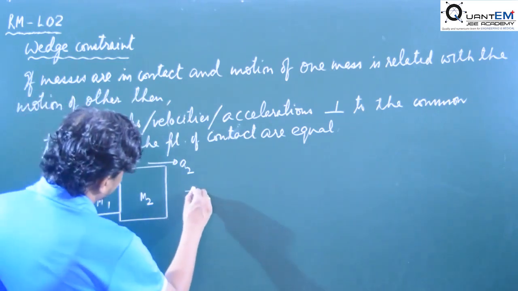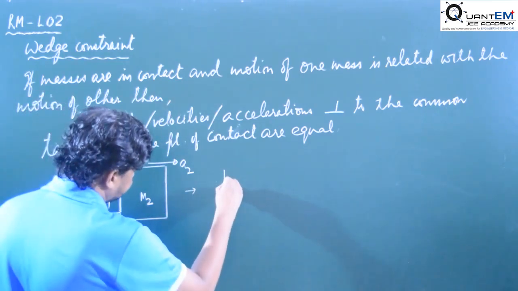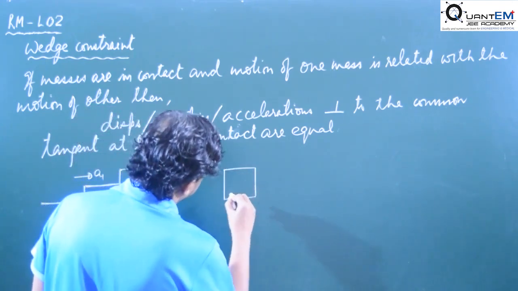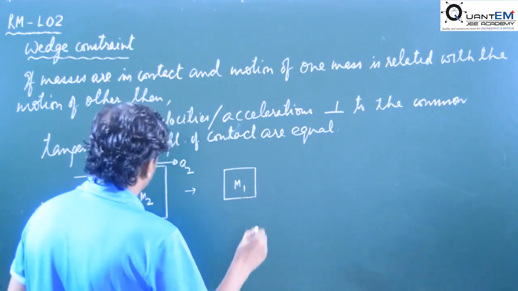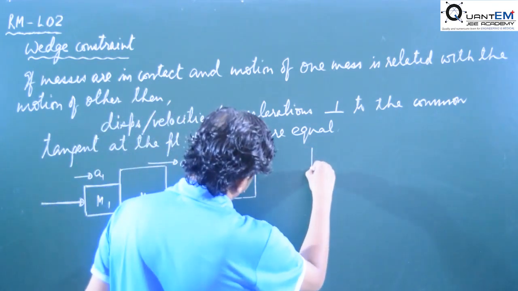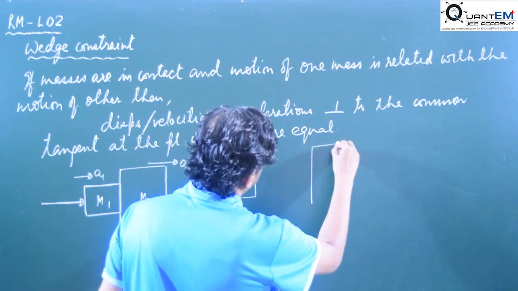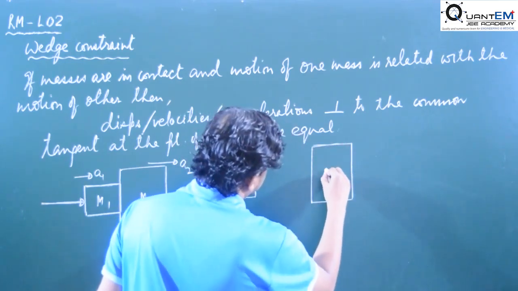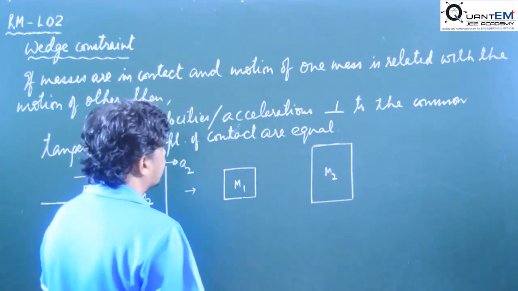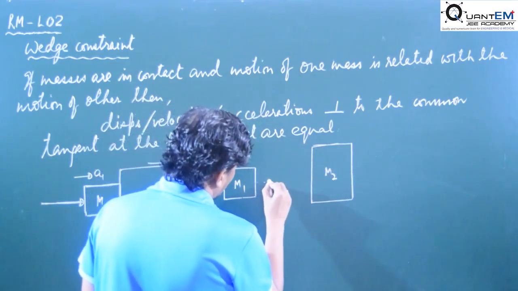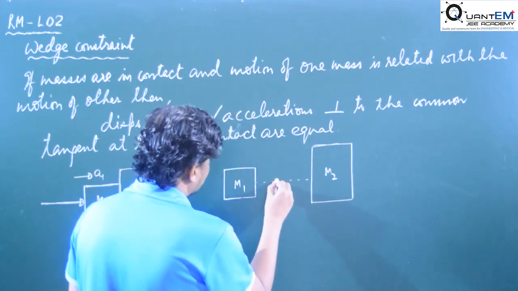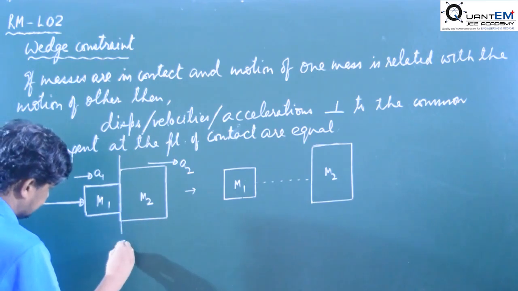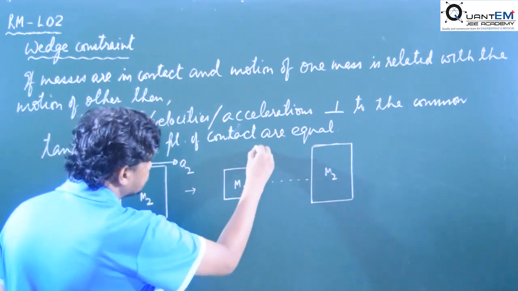So see, we separate the masses. This mass is m1 and this mass we have m2. Okay, normal reaction is always directed towards the mass and perpendicular to the common tangent. So see, this line is common tangent.